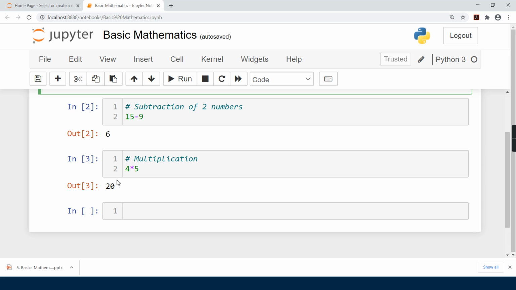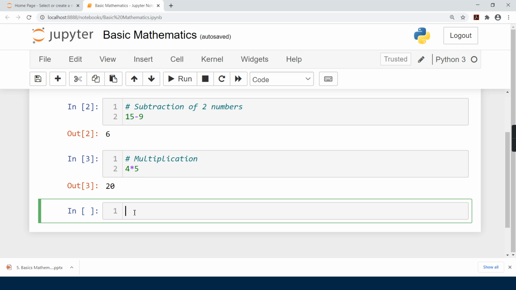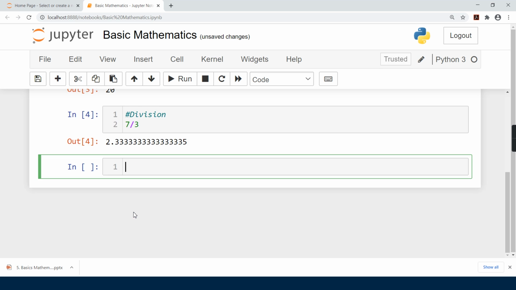So plus, minus, we have the asterisk symbol for multiplication, and for division we have the forward slash. Let's write division, and let's divide, let's say, 7 divided by 3. Let's give it a little bit of an odd kind of number. So we get 2.33.